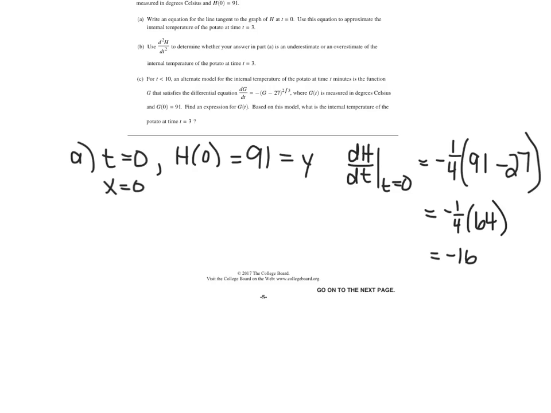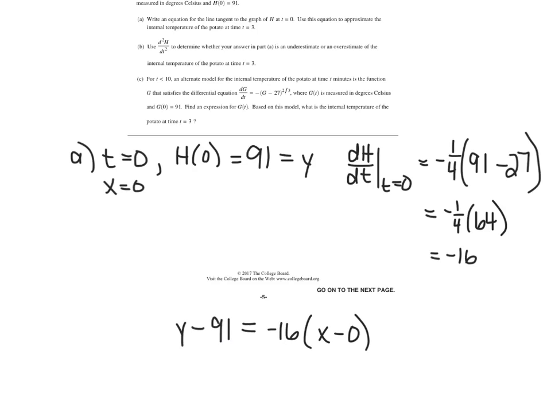Therefore, I have enough to do my point slope form. So y minus, again, that's the h value for this specific t value of 0, so y equals 91, times our slope, which is negative 16, times x minus our t value, 0. So that is the tangent line.